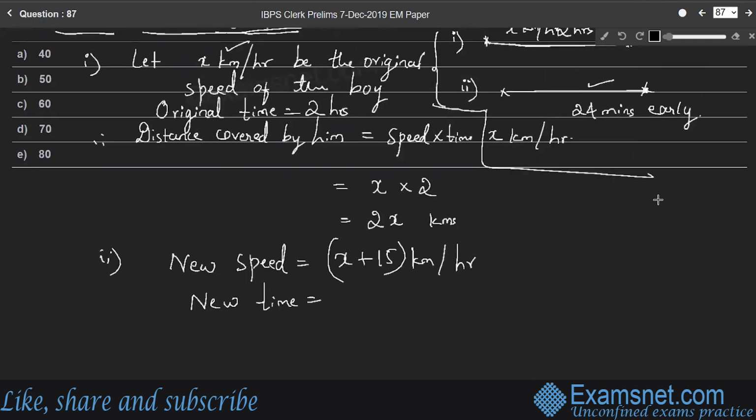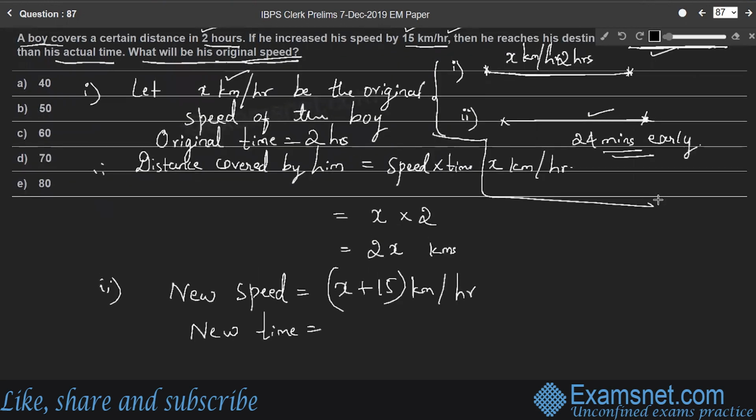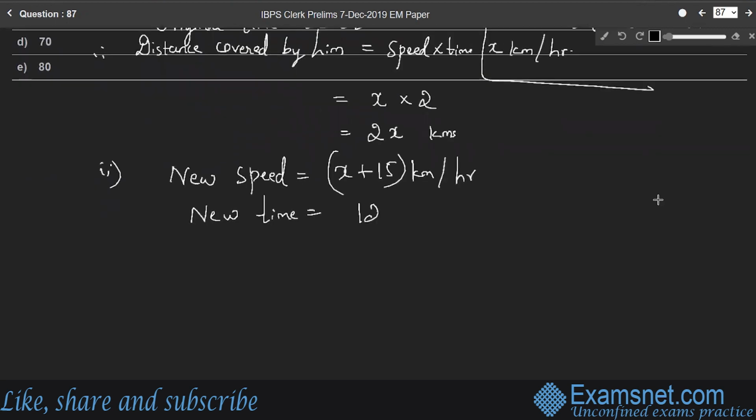He took 24 minutes early. That means the original time was 2 hours. New time was 120 minutes minus 24 minutes. This is in terms of minutes. If it is divided by 60, it becomes hours. So 120 minus 24 is 96 by 60 hours.